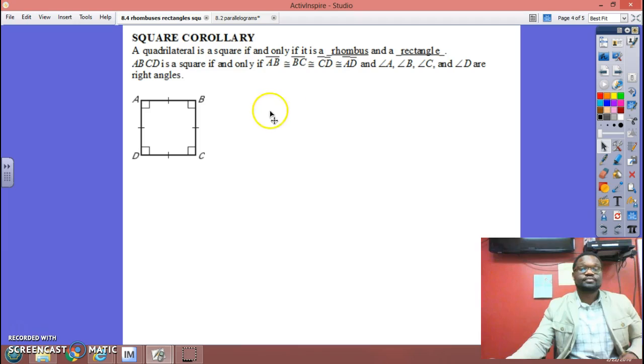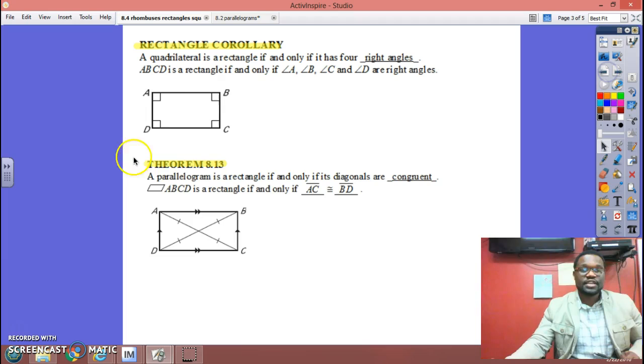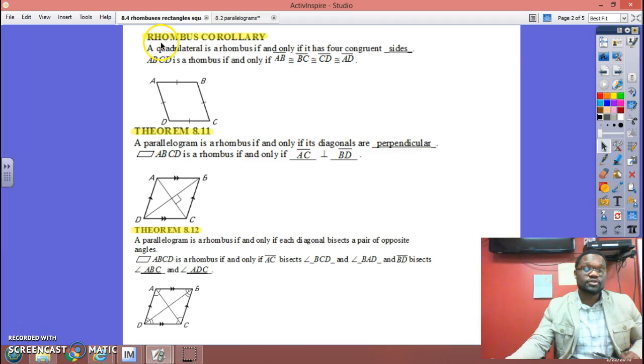Alright. A quadrilateral is a square if and only if it is a rhombus and a rectangle. So what we have here is all the properties that we spoke about for a rectangle: four right angles, congruent diagonals; and for a rhombus: four congruent sides, perpendicular diagonals, bisecting opposite angles.